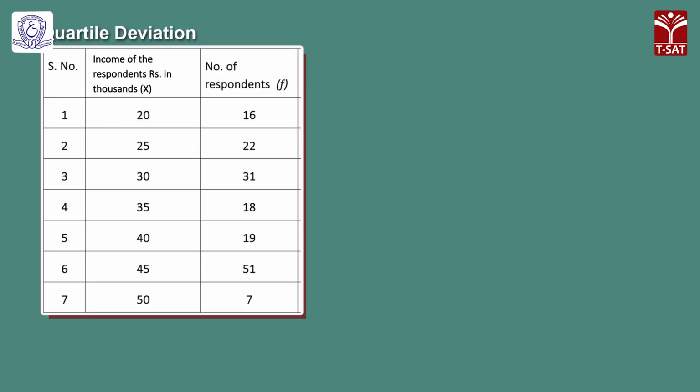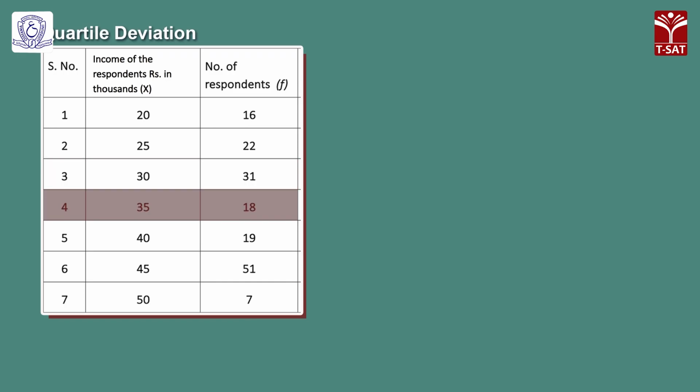Let us take one more example to have a clear understanding of how to calculate the quartile deviation. If we see the income of respondents, 16 people are earning around 20,000 per month. There are 22 people earning around 25,000 per month. There are 31 people earning around 30,000 per month.